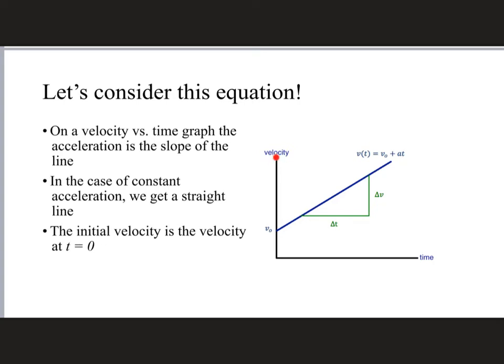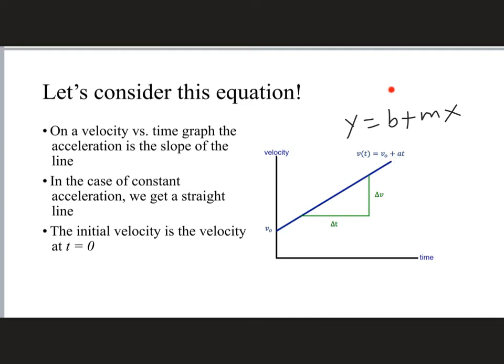But if I plot v versus t, this equation actually looks a lot like y equals b plus mx. That's the equation for a straight line, and you can see, indeed, the plot of this function is given by a straight line.